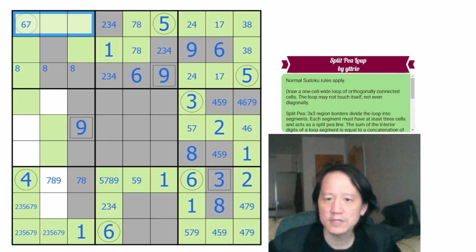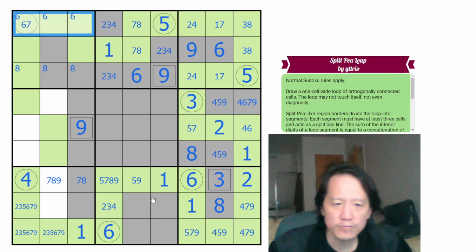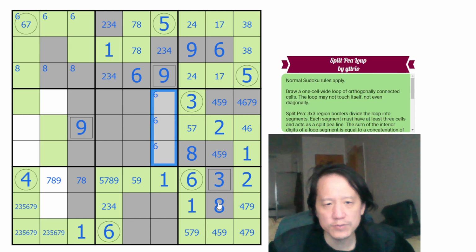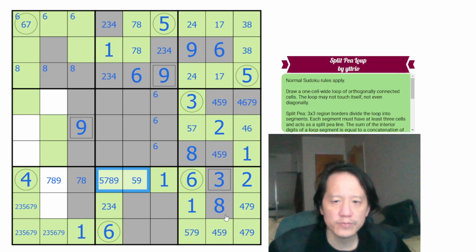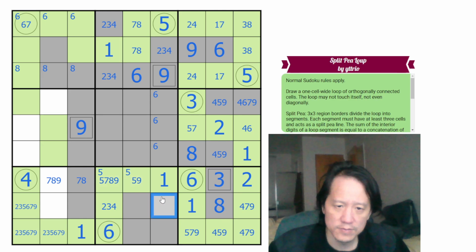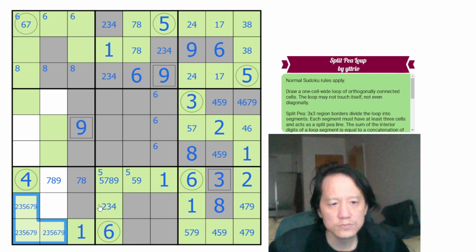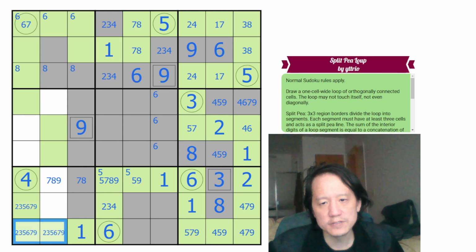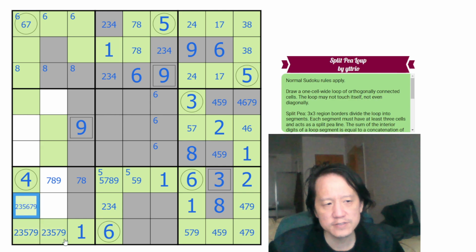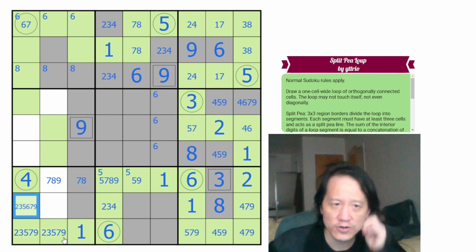Which means the 6 has to be one of these 3. Don't know which. We know this is 5. This can't be 6 anymore, so if it's 3, 5, 6, it has to be 3 and 5, and that's 6. It doesn't tell us very much.